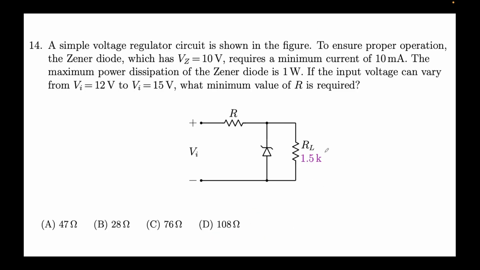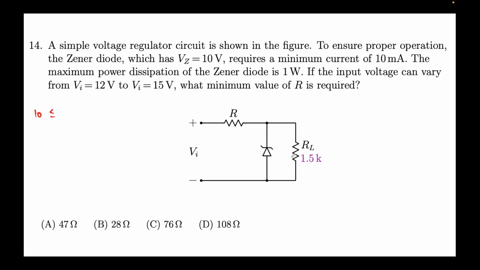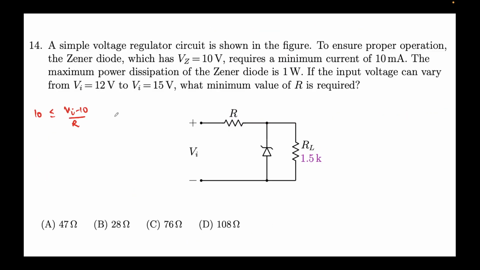So I get 10 less than or equal to I minus IL, where I is (Vi minus 10) by R, minus IL. IL I obtained was 6.67, and everything is in milliamps, please note that, less than or equal to 100.